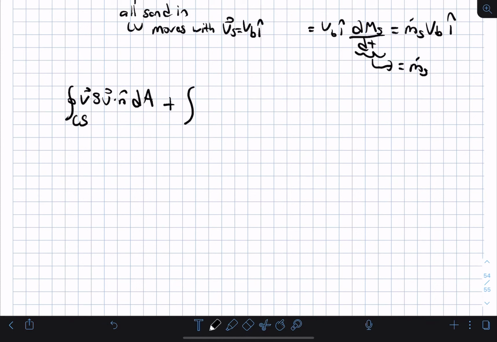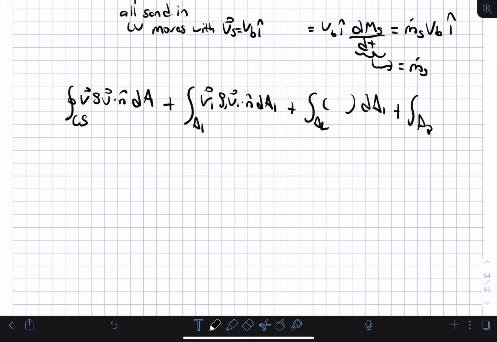We had the integral over the first area, and so that would be v1 rho 1 v1 dot n hat 1 dA1 plus area 2. And I'm just going to skip that stuff because area 2 is going to go to 0 anyways. And we also had a third area, which basically represented the conveyor belt surface. Okay, and this would be dA2, not A3.